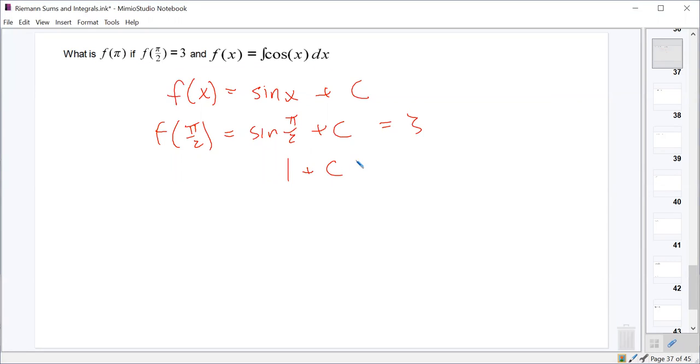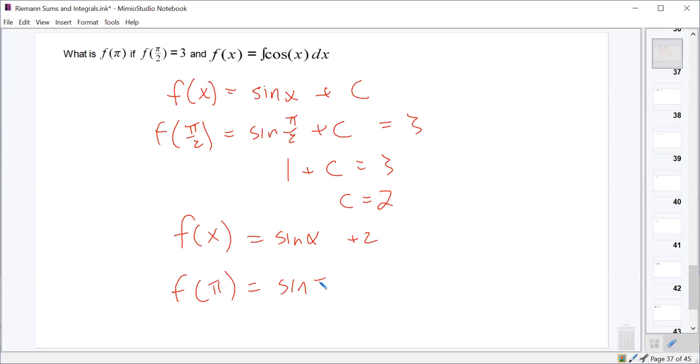So we've got 1 plus c equals 3, or c equals 2. So we've got f of x equals sine x plus 2. And we want f of pi, which ought to be sine of pi plus 2. What's the sine of pi? 0. So this ought to be just 2. Everybody good there?